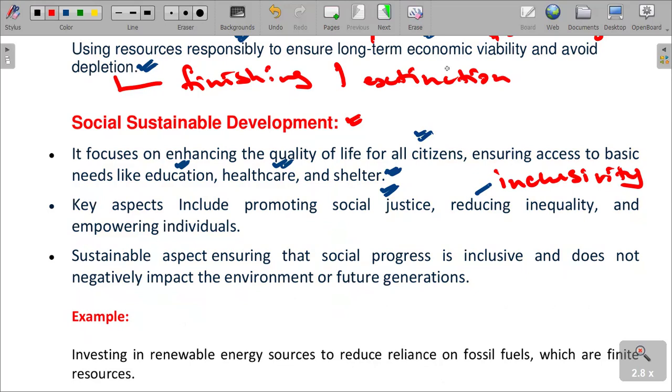And then this also comes by empowering individuals. We are talking about development plans that are there for the people. We can talk about public works programs.